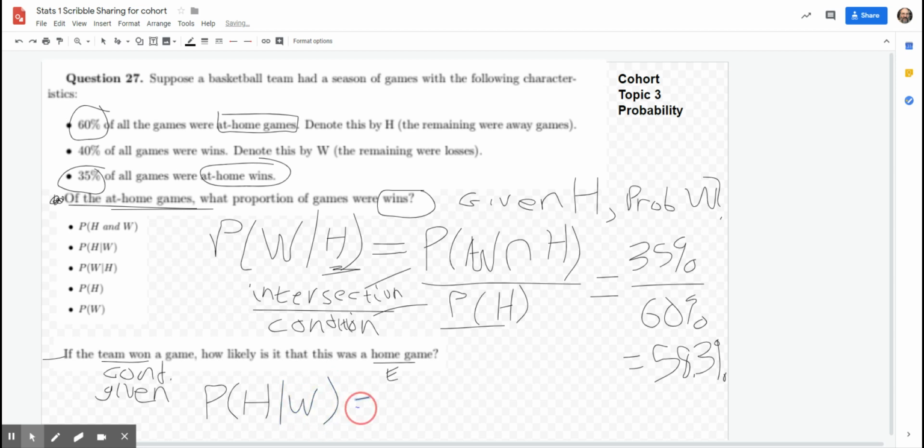And as always, a conditional probability is the probability of the intersection divided by the probability of the condition. And in this case, the team won. So that's the condition.